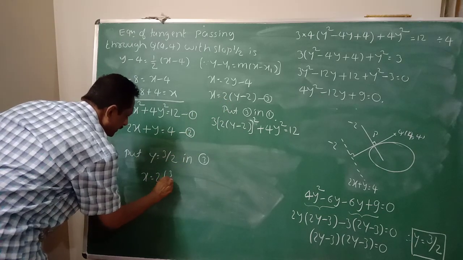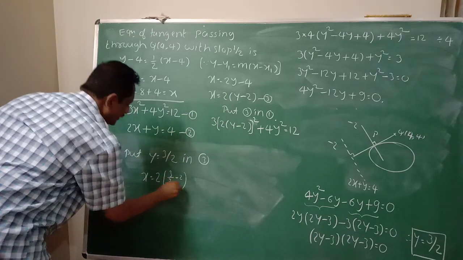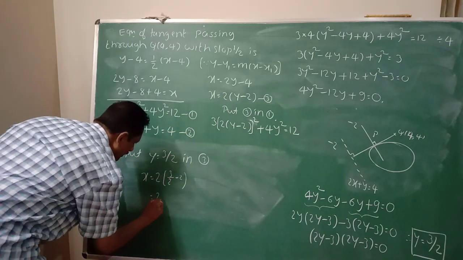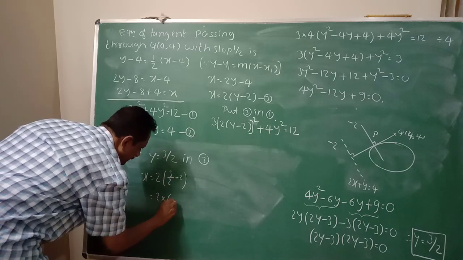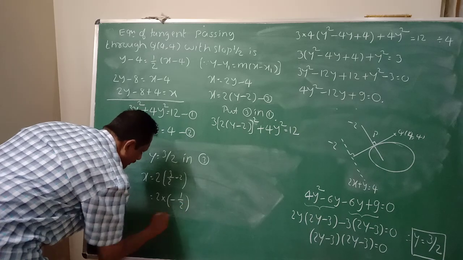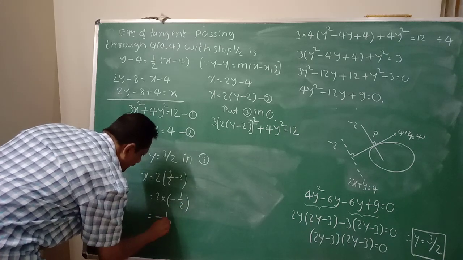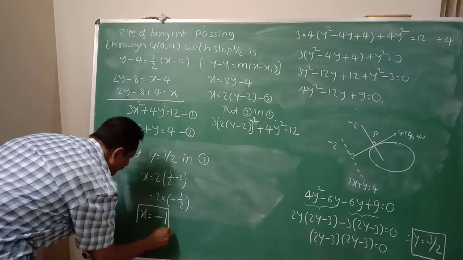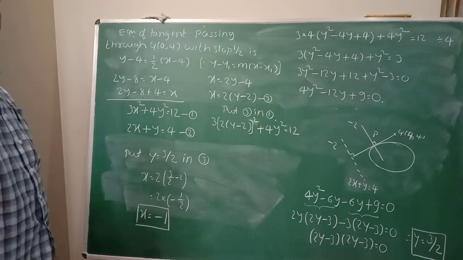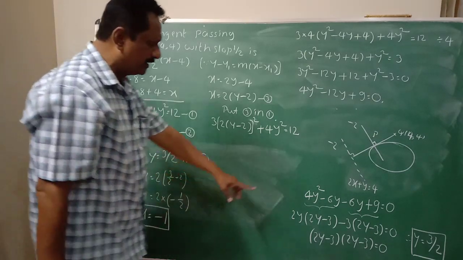So 3 divided by 2 minus 2 here. Therefore 2 into 2, 2 twos are 4. 3 minus 4 is minus 1 upon 2 here. So this is equal to minus 1. 2 2 cancels here. So x is equal to minus 1 here. Okay. Therefore x is minus 1 and y is 3 by 2 here.